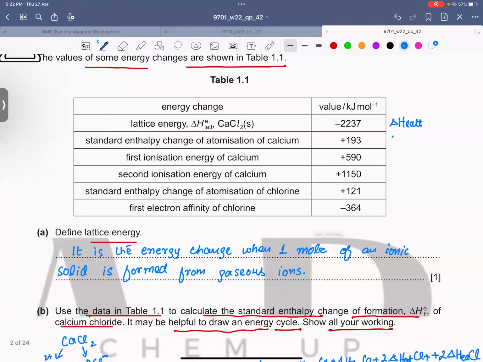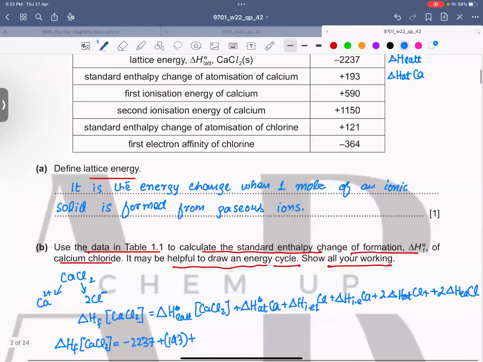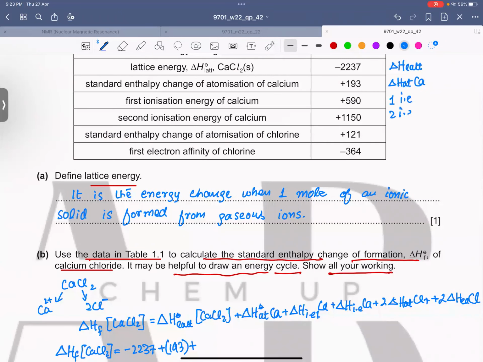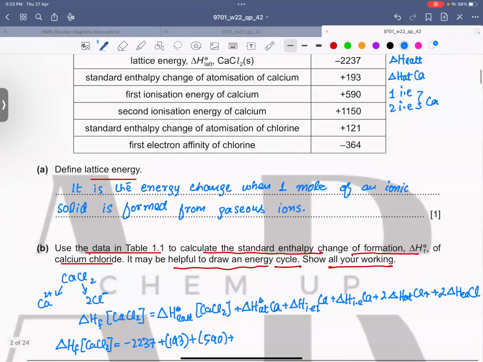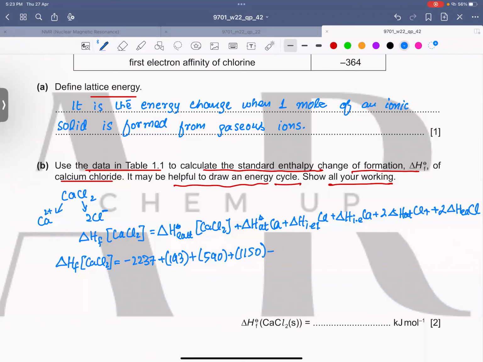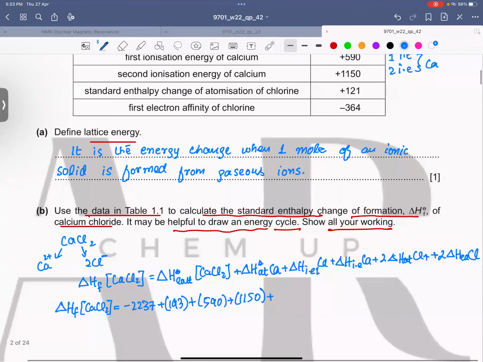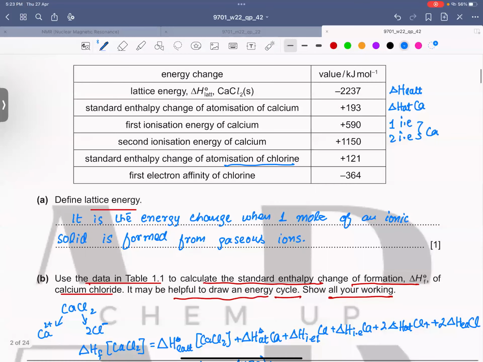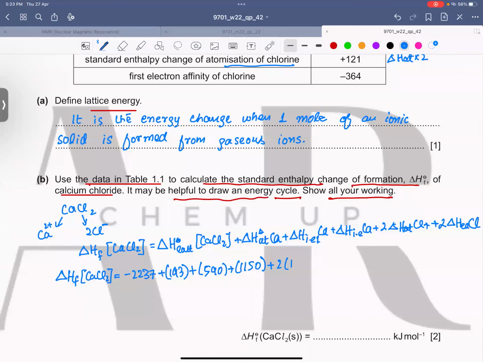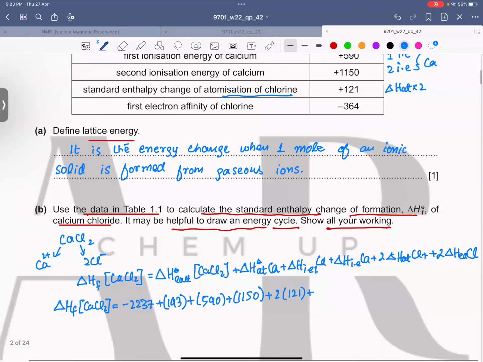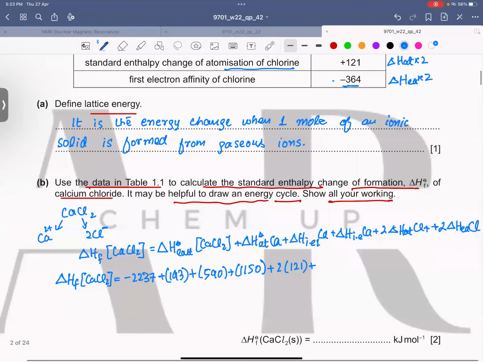Then the first and second ionization energies of calcium: 590 plus 1150. Then I need twice the atomization of chlorine. Here they have provided the atomization of chlorine in kilojoule per mole, so I have to multiply by 2: 2 times 121. Then there is the first electron affinity of chlorine, which I also have to multiply by 2: 2 times minus 364.